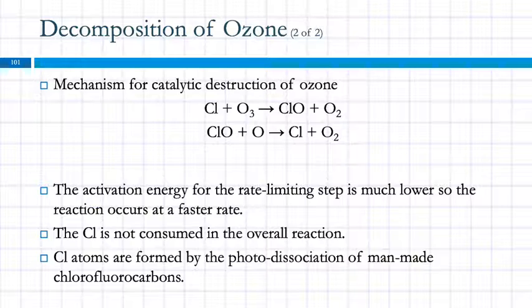So here is the mechanism for the catalytic destruction of ozone by chlorine atoms. A chlorine atom reacts with an ozone molecule and forms chlorine monoxide and an oxygen. The chlorine monoxide reacts with an oxygen atom and forms another chlorine and oxygen.